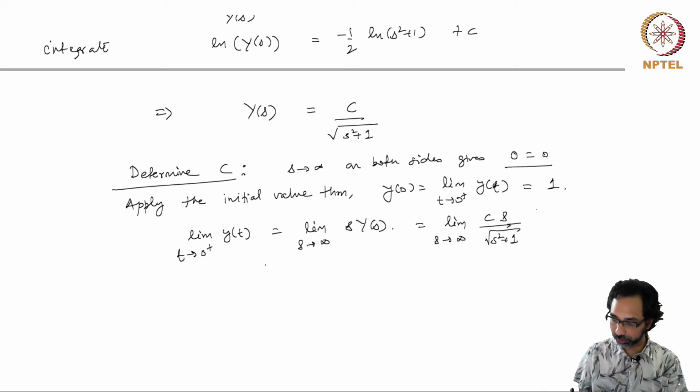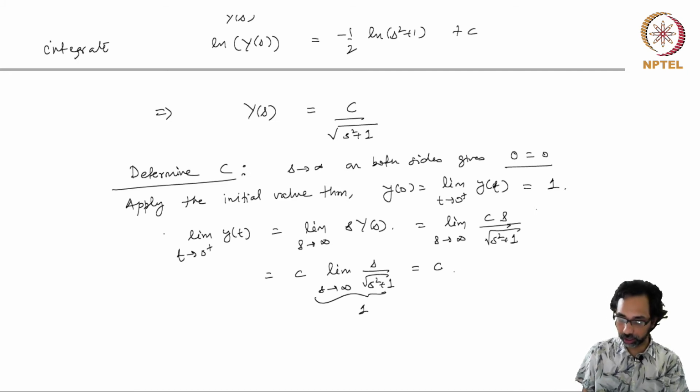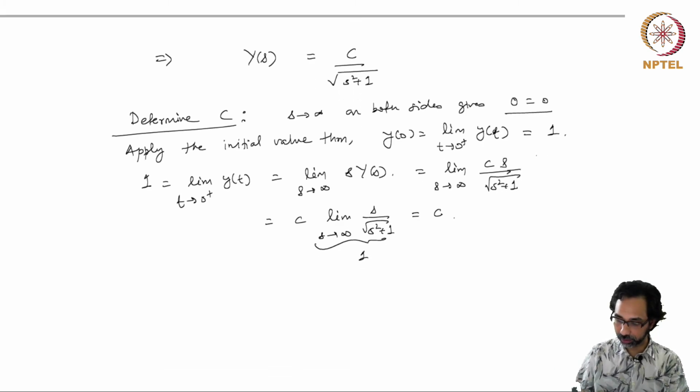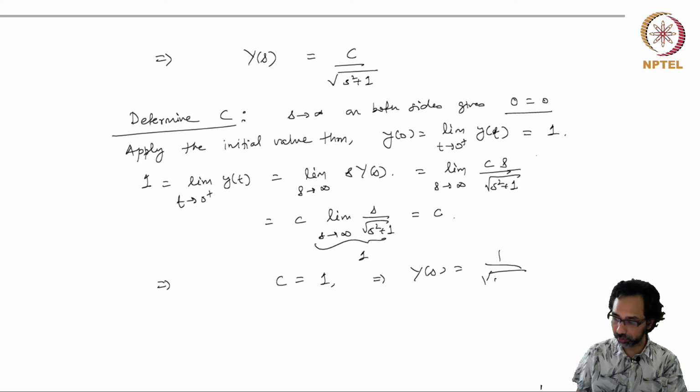This limit is simply 1, so you only get c, and on the left-hand side you get 1. So c equals 1, and Y(s) is simply 1/√(s² + 1).